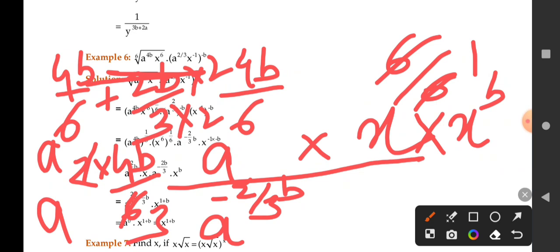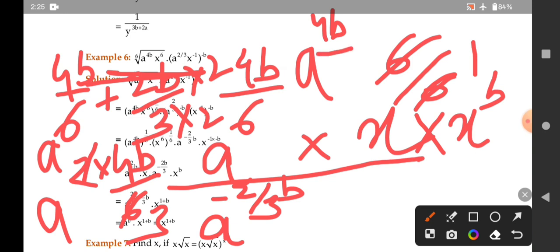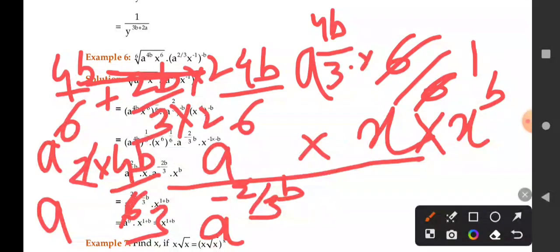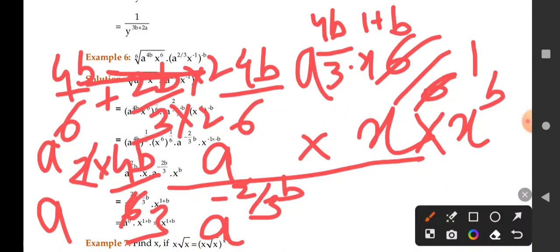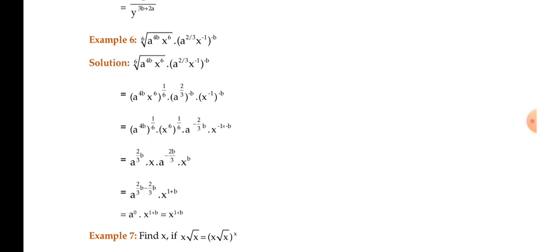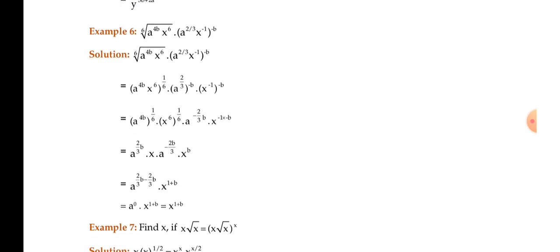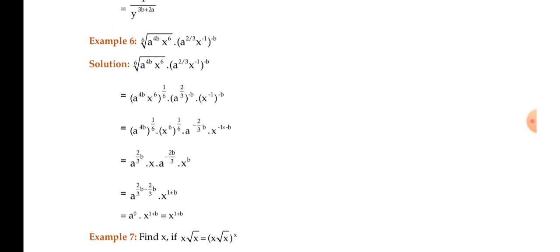So simple is a power 4b divided by 3 into x whole raised to 1 plus b. Let me check if I have written it correctly. Okay. Hold on. I'm missing something.